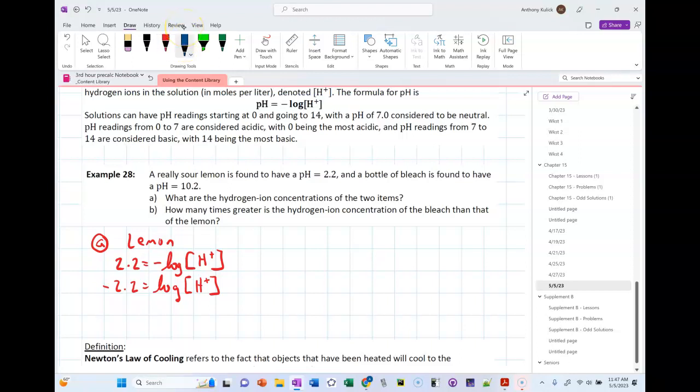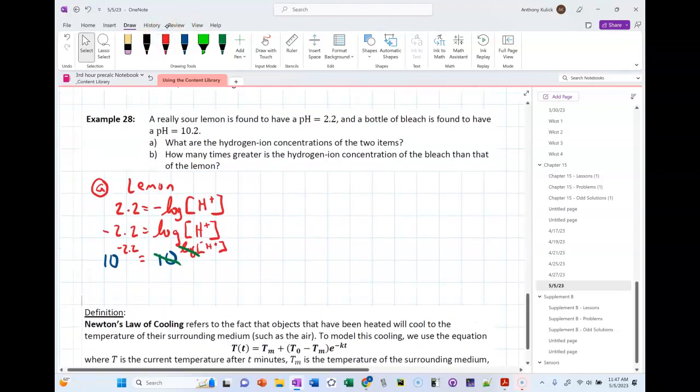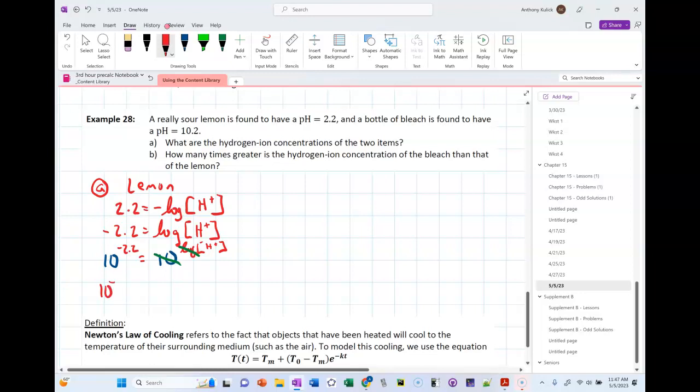And then what do I need to do to both sides to cancel the log? Base 10, yep. So those cancel out, and we'd say that 10 to the negative 2.2 is the concentration of the hydrogen ions.